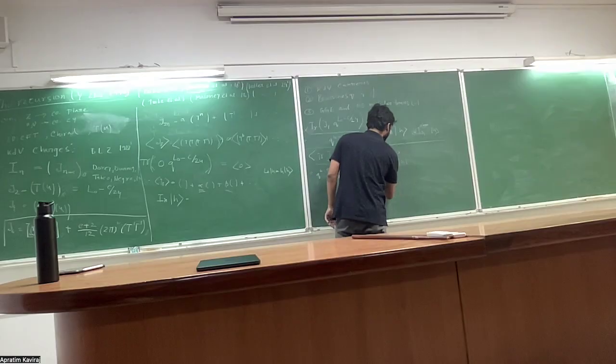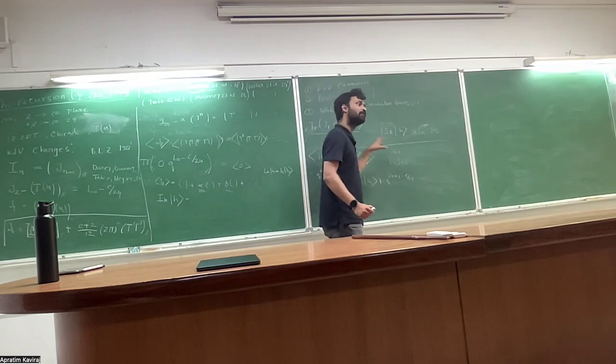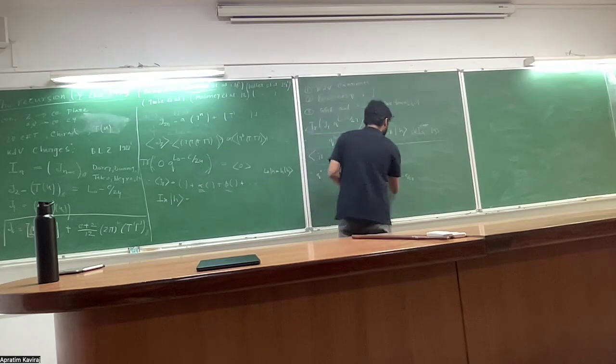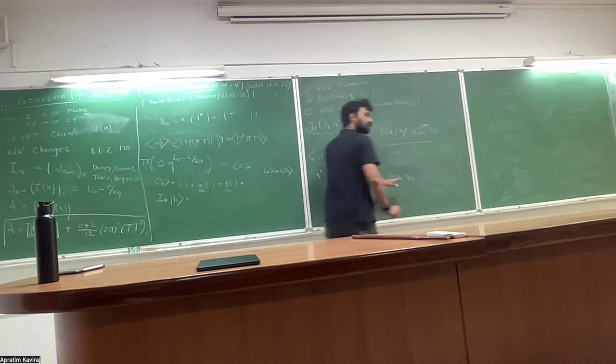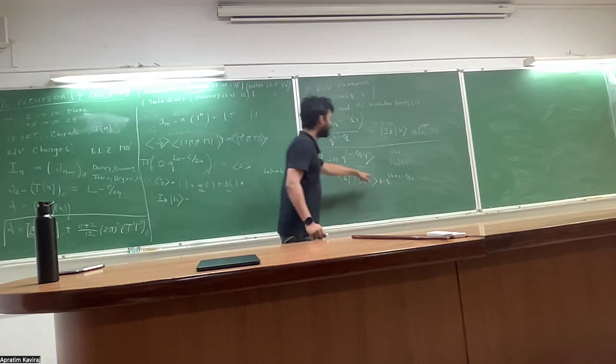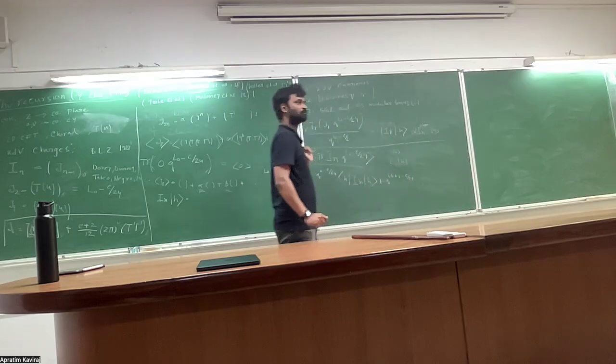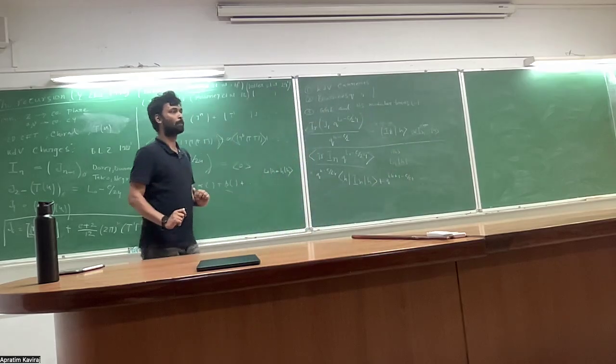The thermal correlator actually has the information of all eigenvalues of the charge. If q tends to 0, you divide and then take the q to 0 limit, this part is zero, and that is sort of an identity.